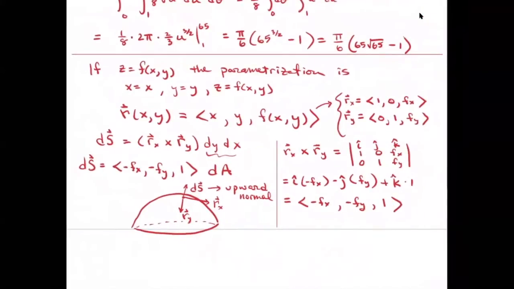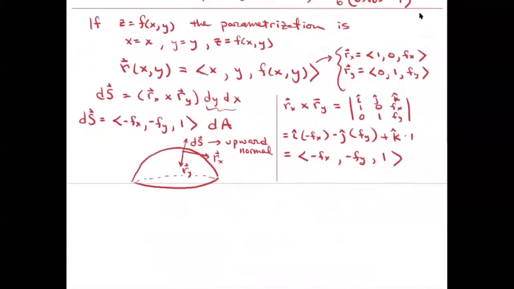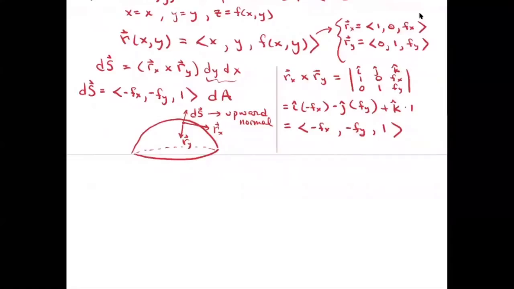Sometimes we want these ds differentials to point down. Okay, so just to make a comment here, if we want a downward normal, we can just change the sign of this.